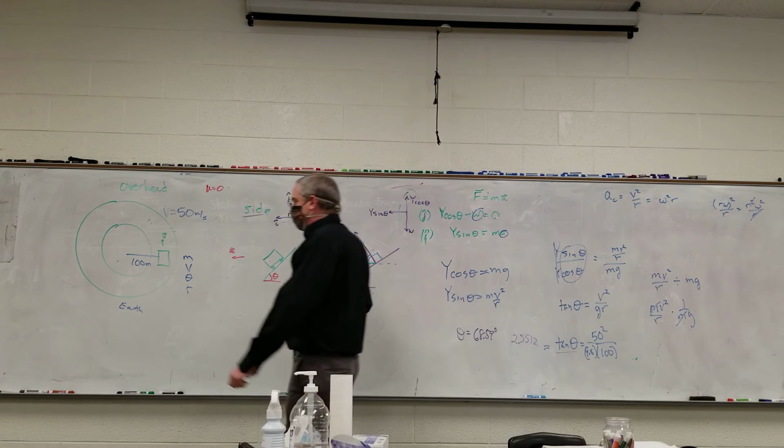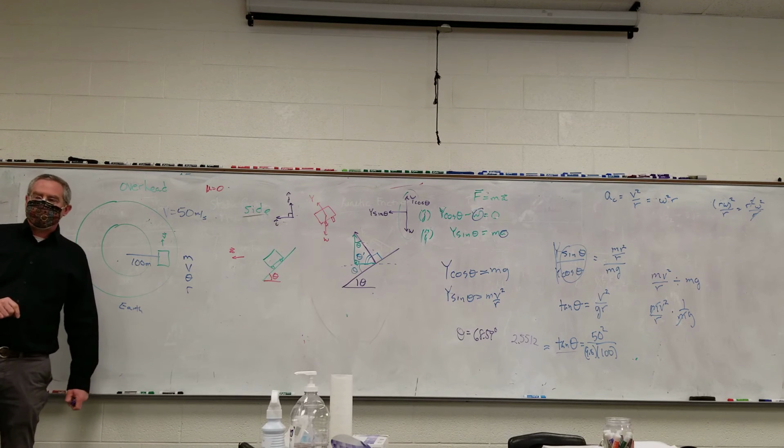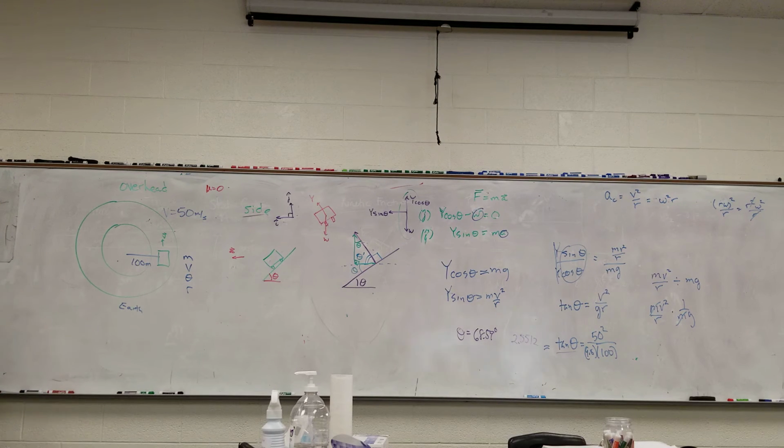So, questions on this before we throw friction into it, because the math will get more complicated. I don't think it's as bad as the most complicated projectile motion problem that we did in class, but it is more complicated than most of the stuff that we do.